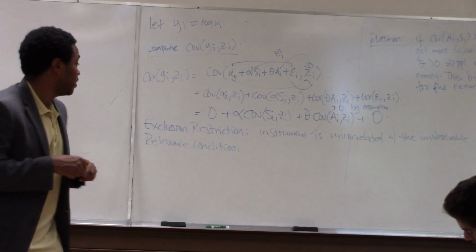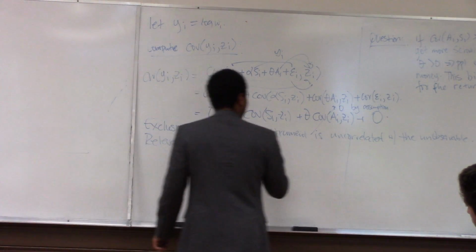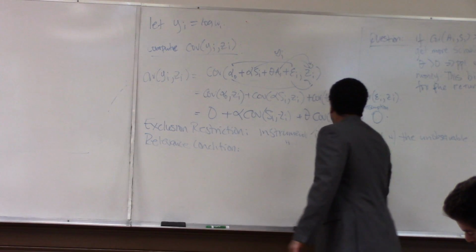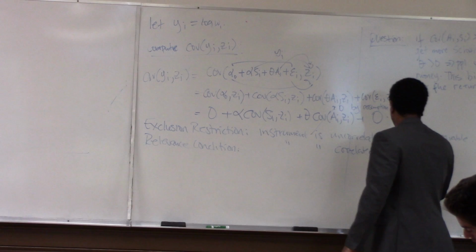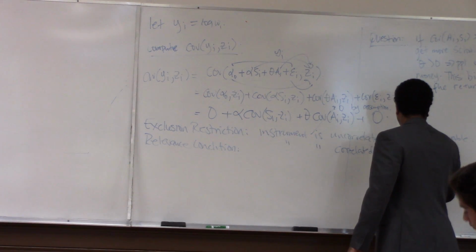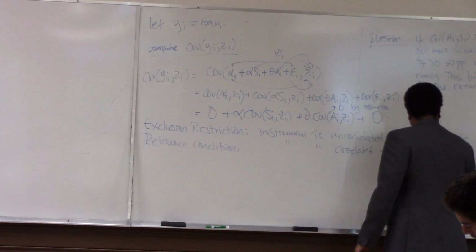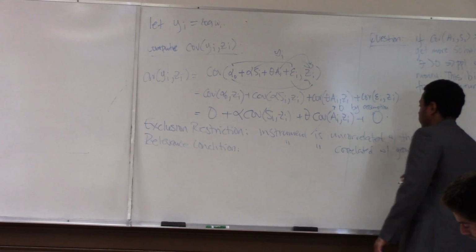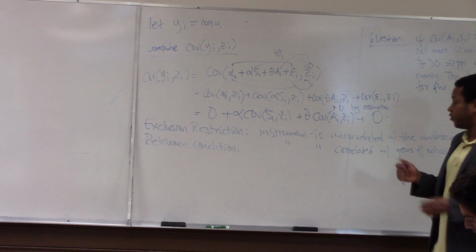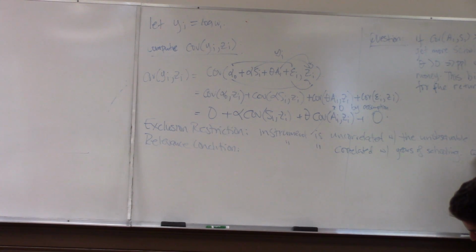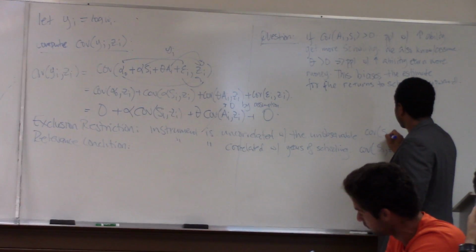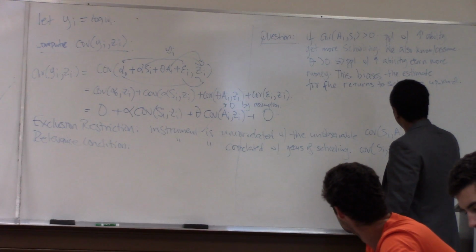So the relevance condition is that the instrument is correlated with years of schooling, or whatever the thing is that you're instrumenting for. So this is basically saying that the covariance of SI and CI is not equal to zero, but the covariance of SI and AI is equal to zero.